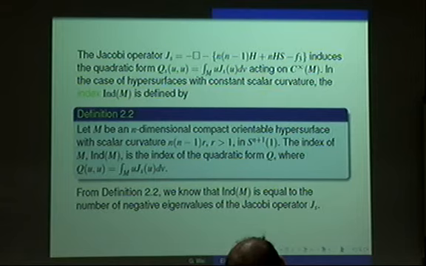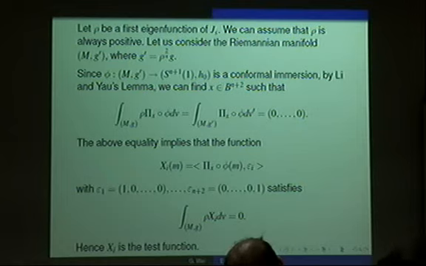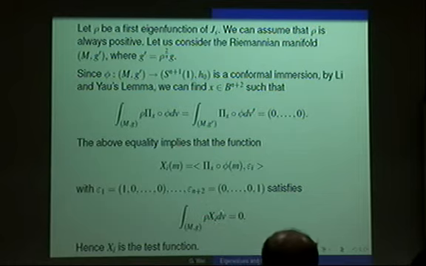Excuse me, why do you assume rho is always positive? Since rho is the first eigenfunction, we can assume that the first eigenfunction is always positive. If rho isn't positive, then you cannot find the test function.